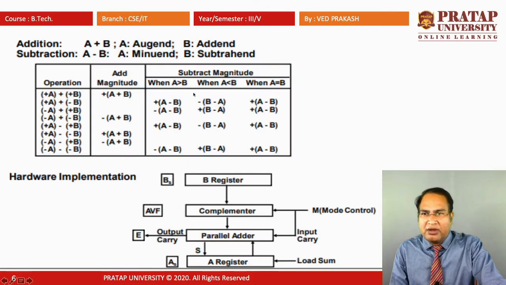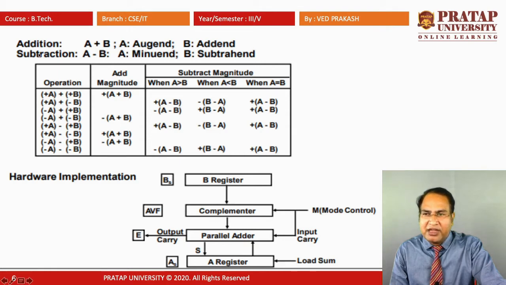So here we are going to make addition and subtraction of signed numbers. Here we use two terms for addition and subtraction. In the addition we use two numbers A and B. Here A is known as the augend and B is known as the addend.